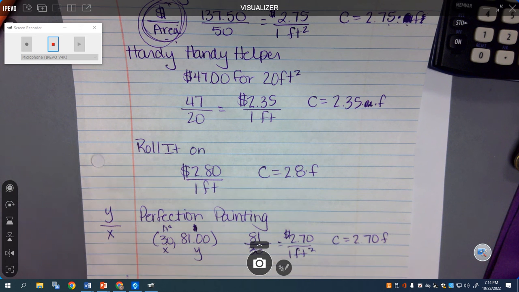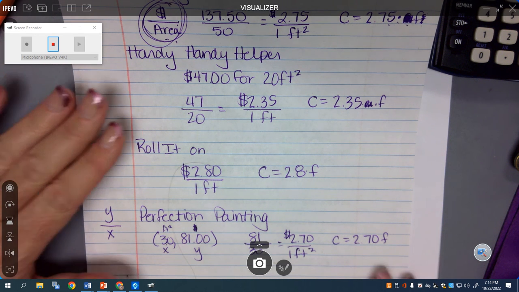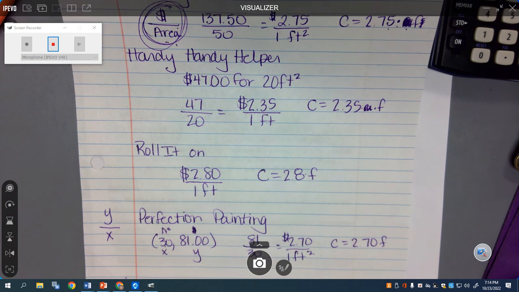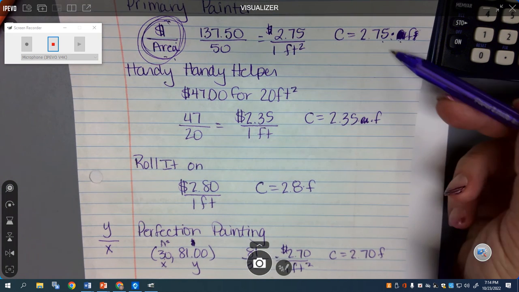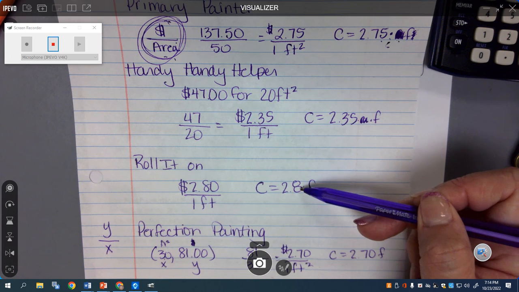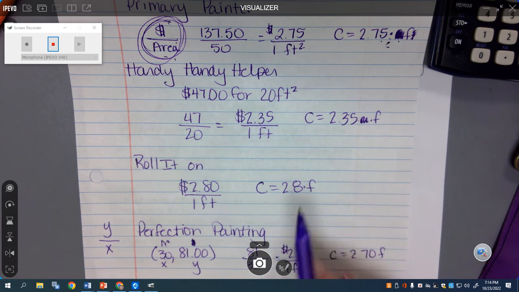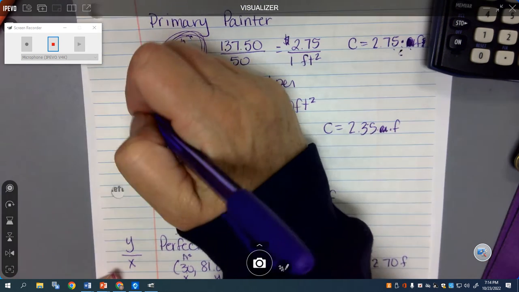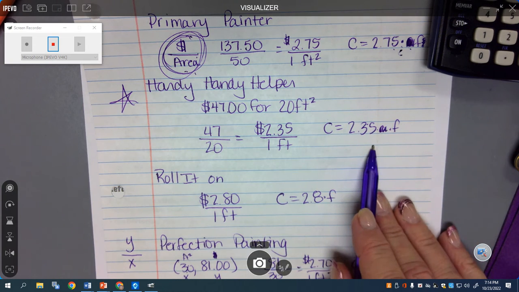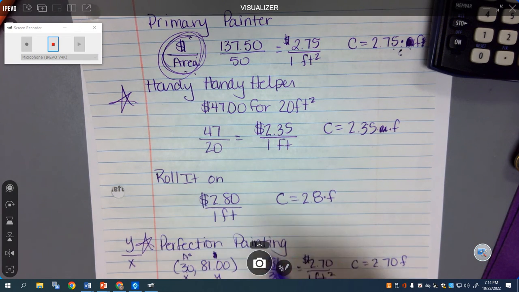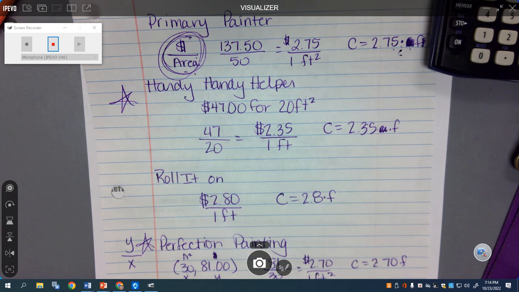So we're probably going to choose the 2 companies that are the cheapest, the ones with the cheapest unit rate: $2.75, $2.35, $2.80, $2.70. So the cheapest are Hardy Handy Helpers and Perfection Painting.